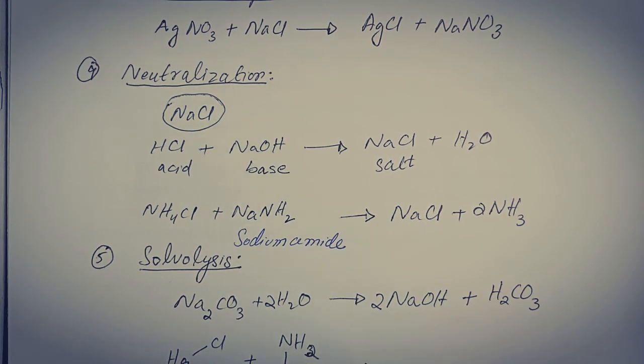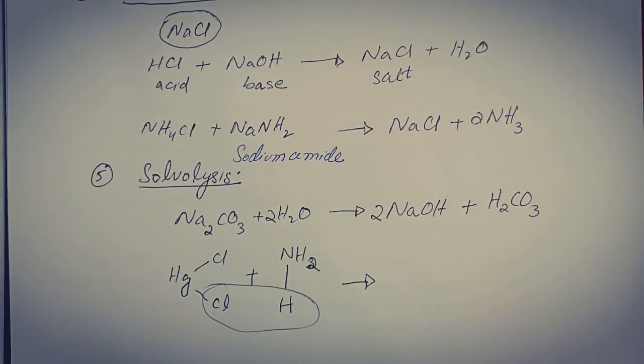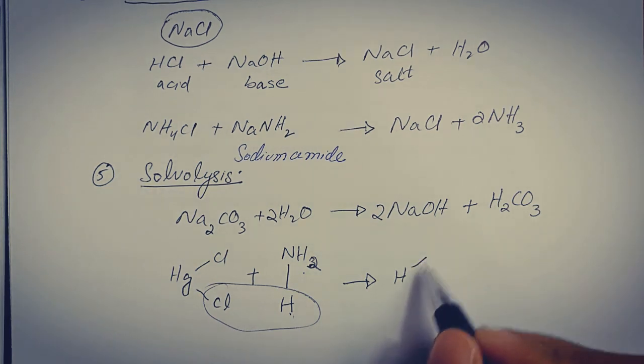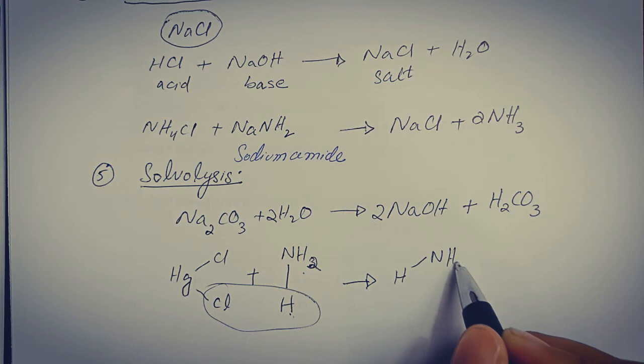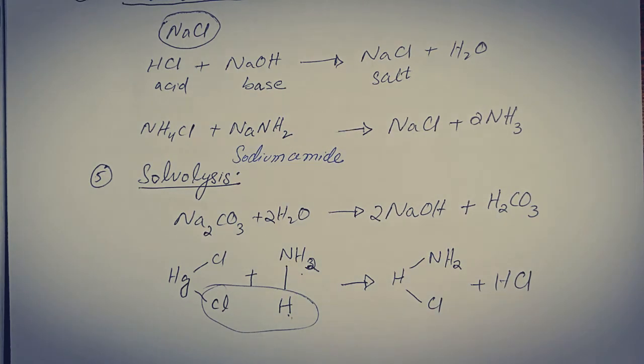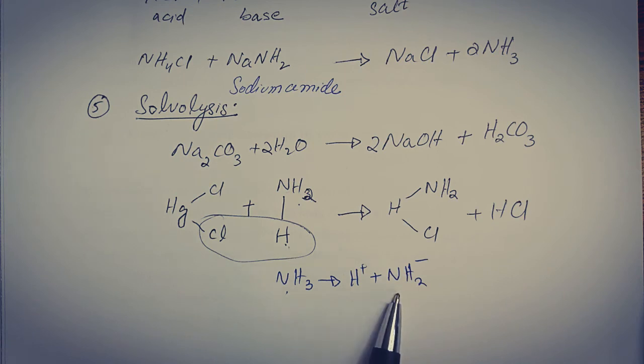the solvent, that is ammonia, is broken to cations and anions, that is NH2 minus and H plus, to generate two different products, in which two products are obtained from the cation and anion of the solvent that have been generated through the solvolysis of the solvent.